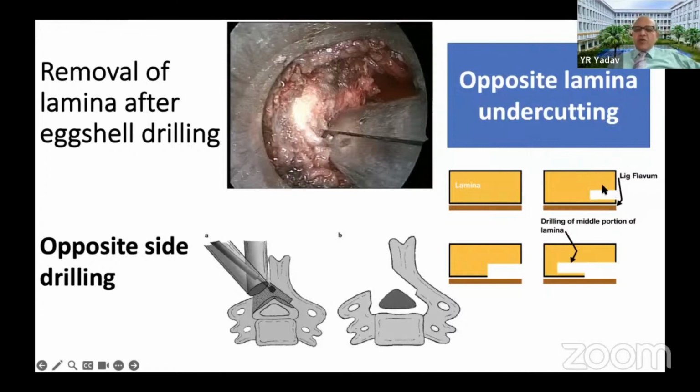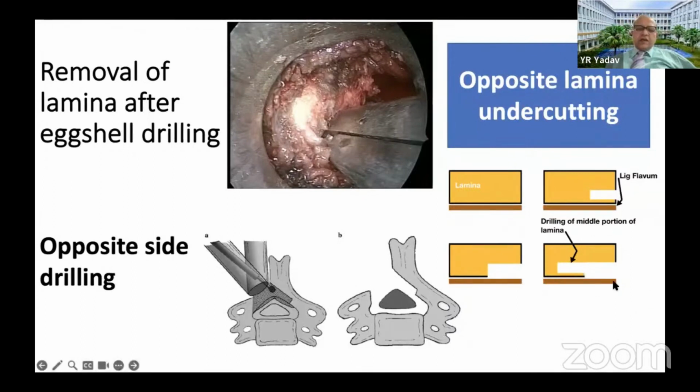I make a hole here as a gutter, and then with a Kerrison punch or dissector, I take out this axial portion of the lamina with a micro dissector, and then drill further here, leaving a small bit of axial bone intact. The drilling is always parallel to the cord. Never go towards the cord, otherwise it can injure it. So this is the trick.